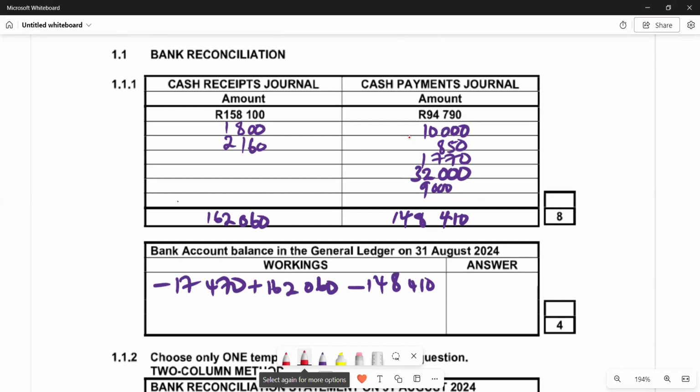Negative 3,820. So this is our answer for the second part of calculating bank account balance in the general ledger on 31 August 2024. Then we can move on to the next part of the question.